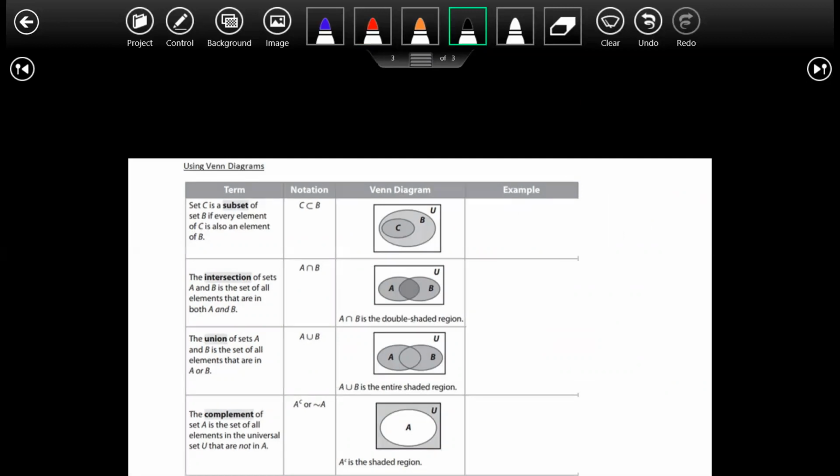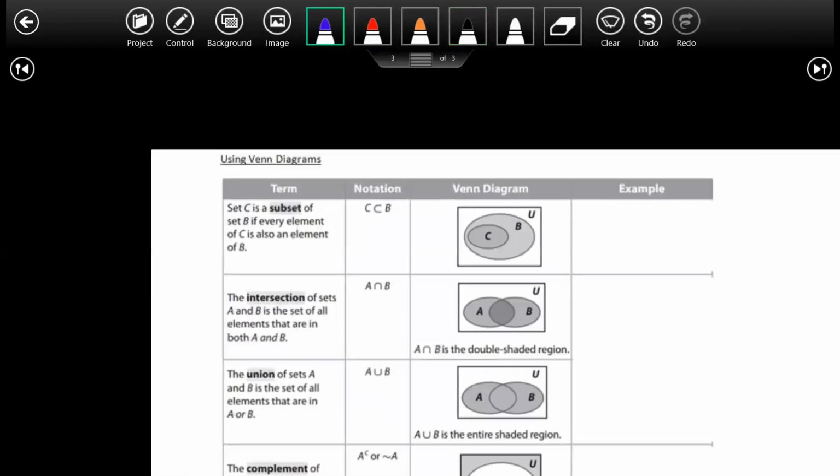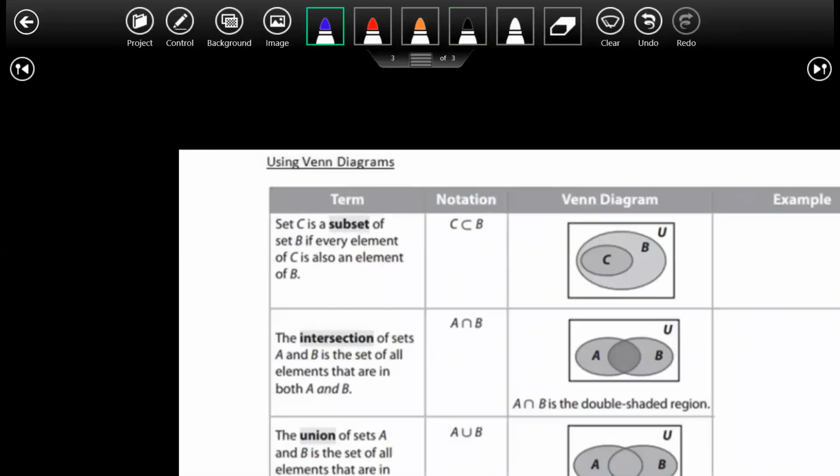Basically what it means is: are all elements of C in B?